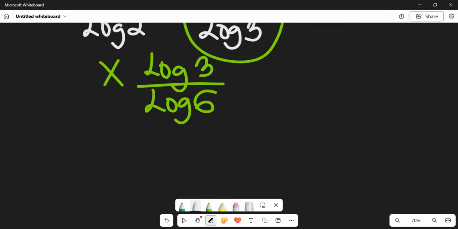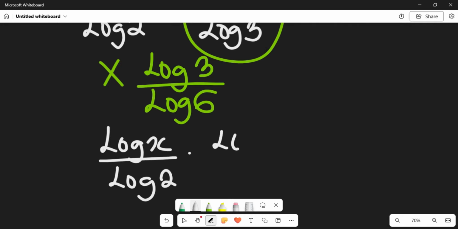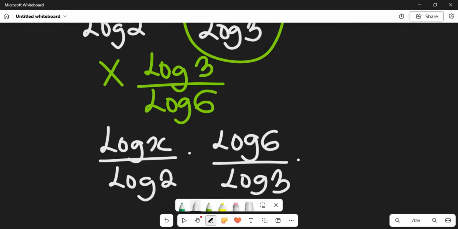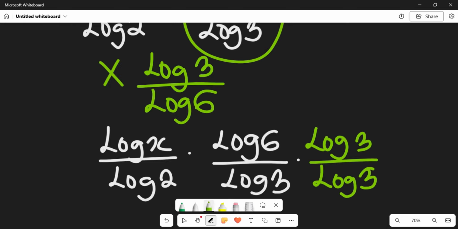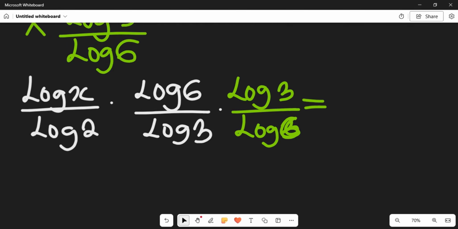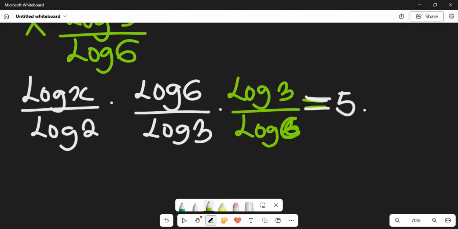If we multiply both sides by that, we'll have the log of x divided by log 2 multiplying log 6 divided by log 3, multiplied by the expression we are importing, log 3 divided by log 6, and all of this will be equal to 5 multiplying the imported expression, log 3 divided by log 6.